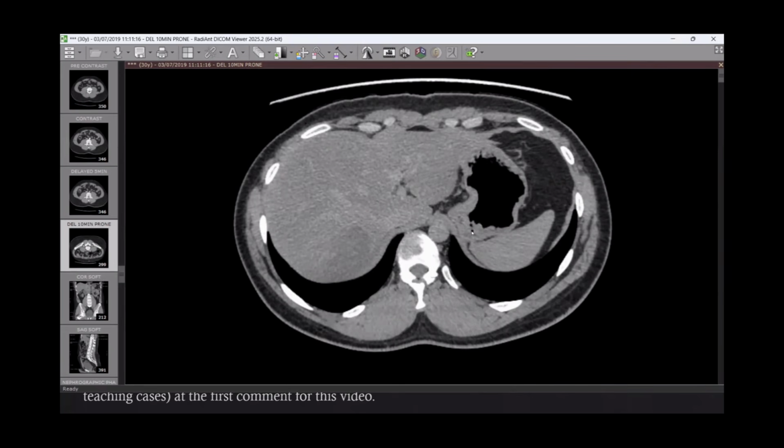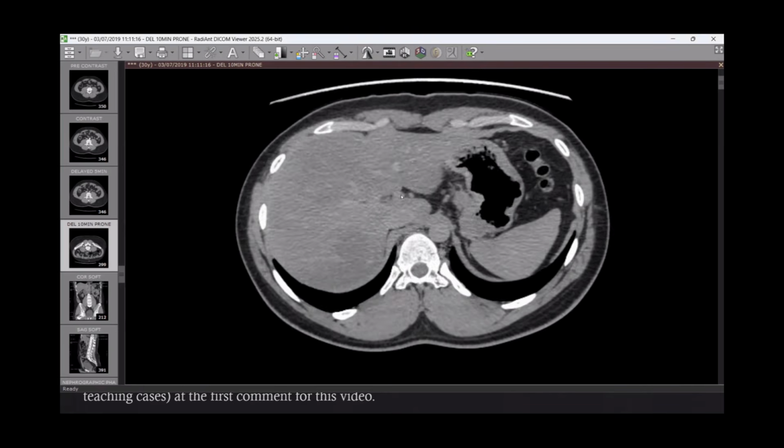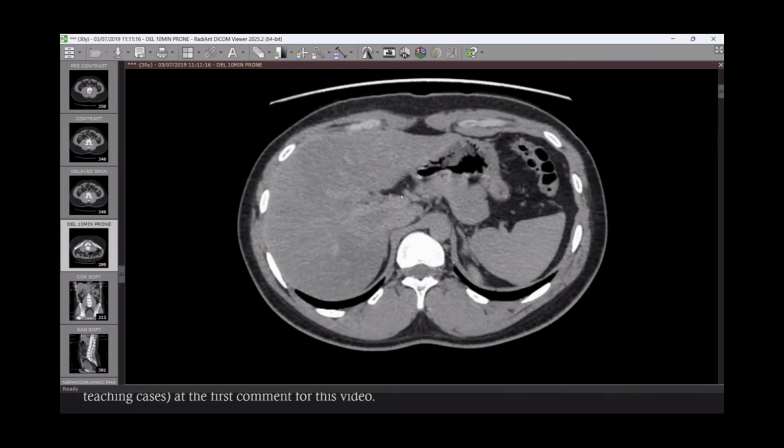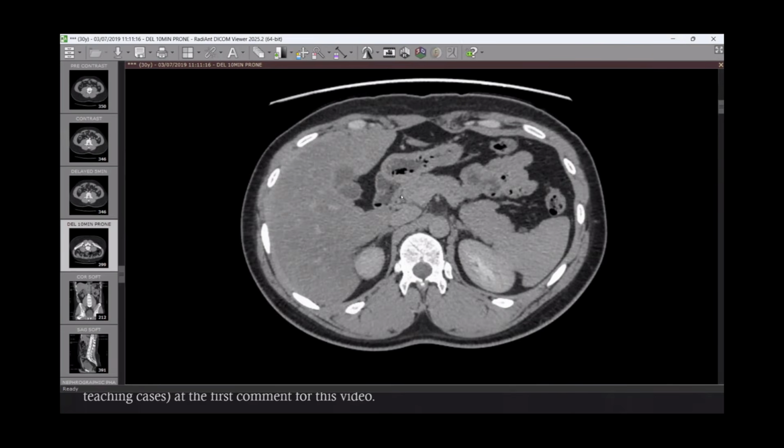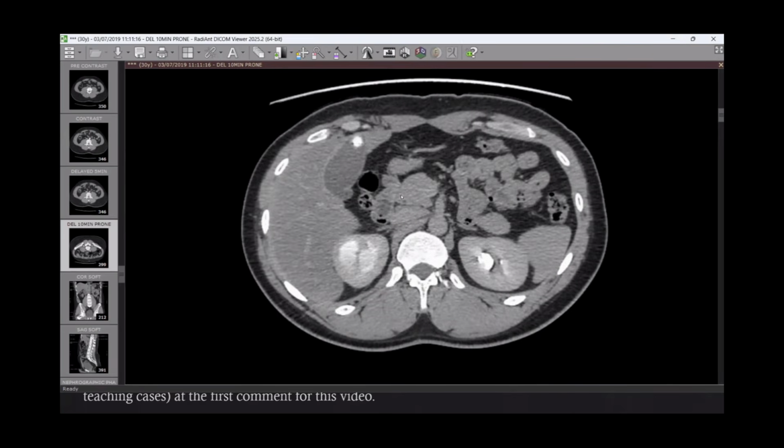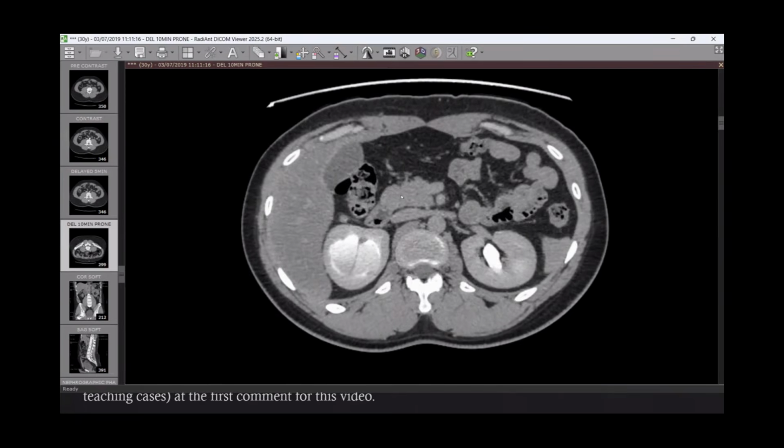This one was done in prone position. So this is the same patient with CT urography. I'm scrolling down through the images.